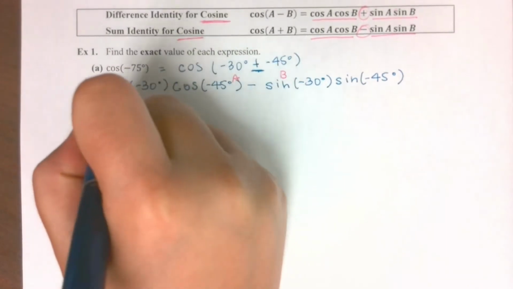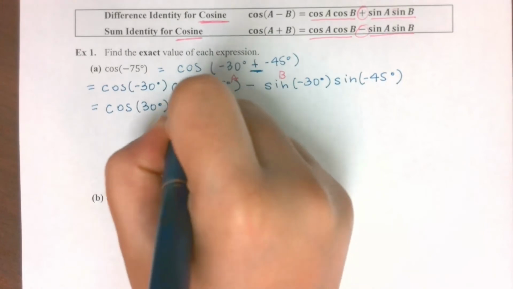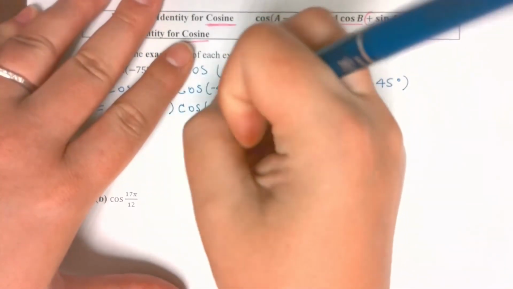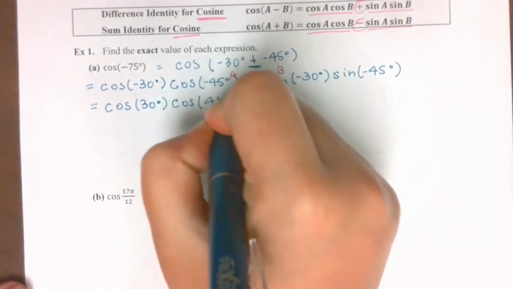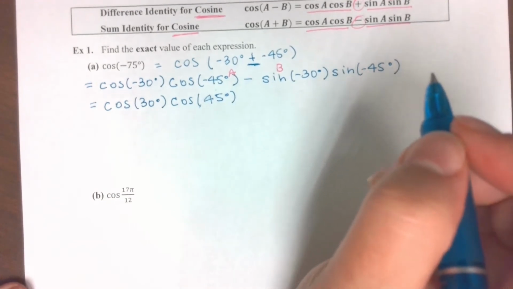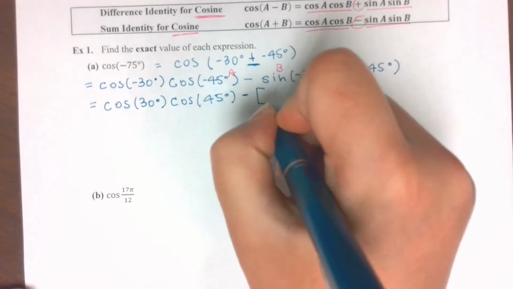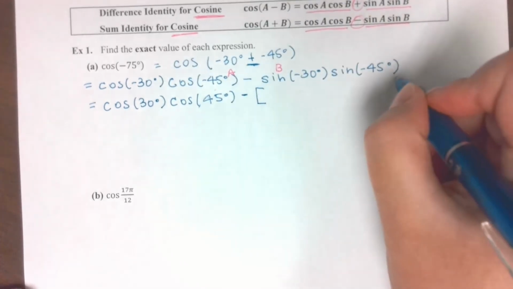So I can rewrite this as cosine of 30 degrees times cosine of 45 degrees. I'm going to leave this minus out front, and then let's talk about sine.